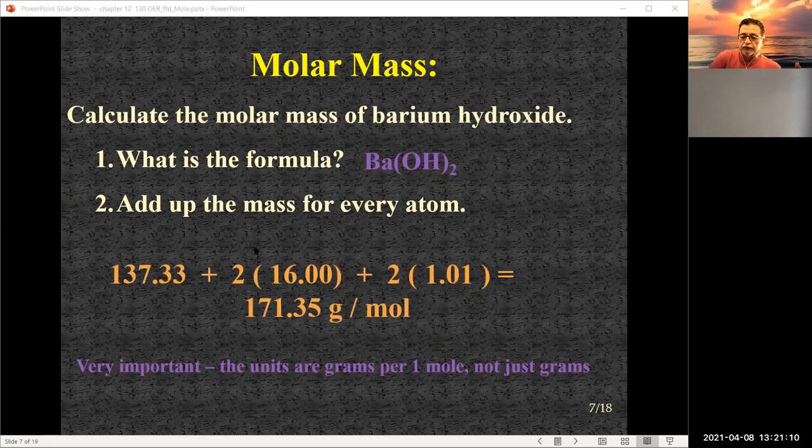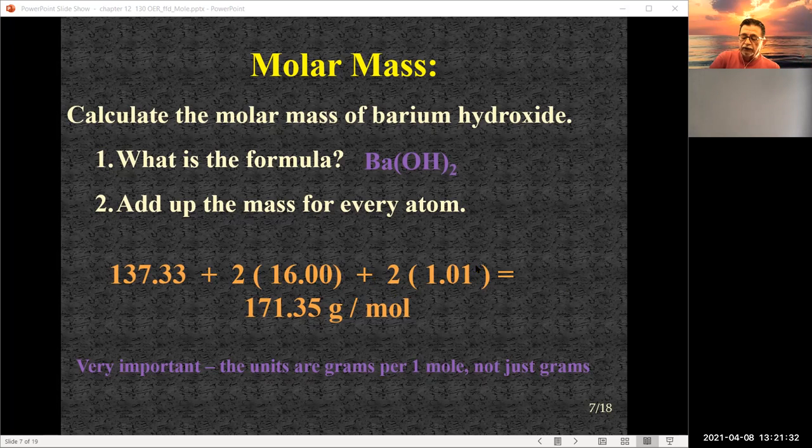Okay. And so we have barium, you look that up. Barium has an atomic weight of 137.33. Oxygen, we have 2 oxygens, hence we got 2, and each oxygen has an atomic weight of 16 grams. And then hydrogen is 1.01 for each one. There's 2 of them.